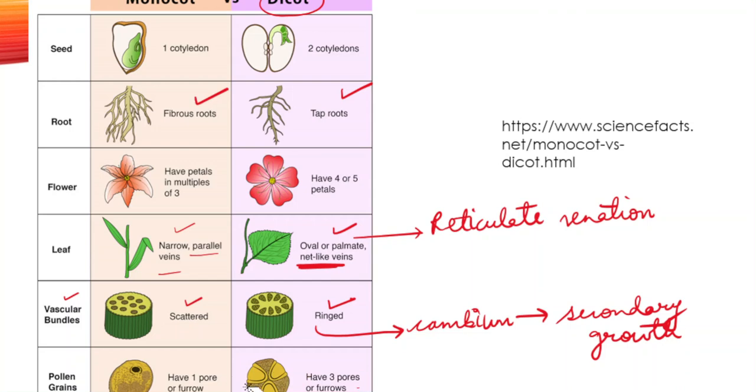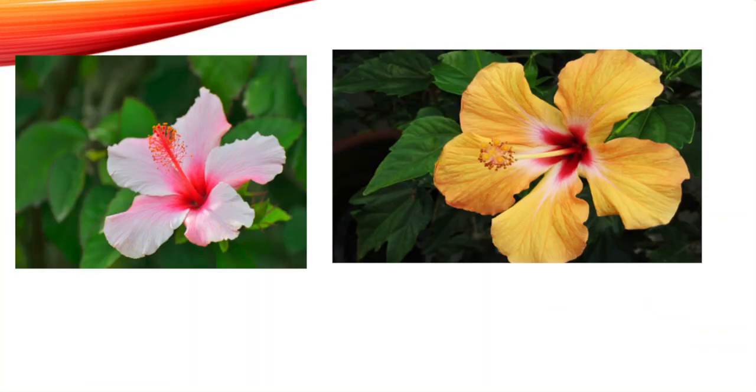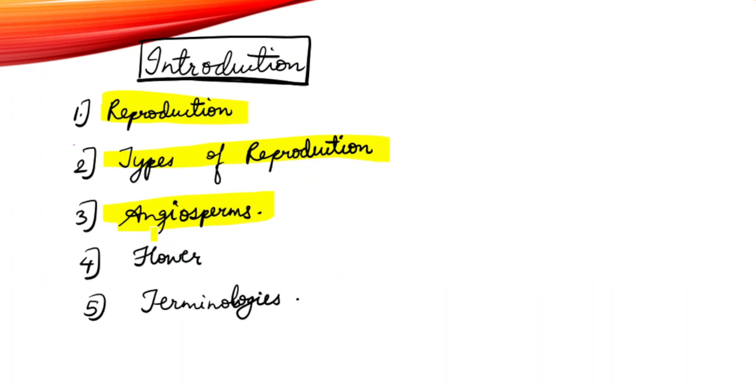Here they have 1 pore in the pollen grains. Pore means the germ pore, we will speak about this. So this is all about the angiosperm which we wanted to speak about. The topic angiosperm is done.